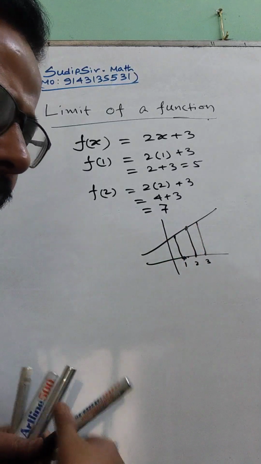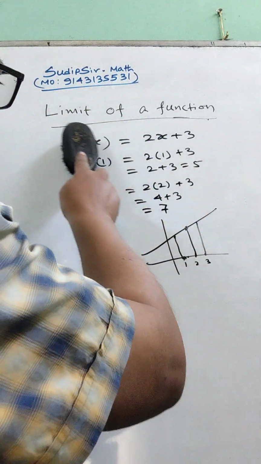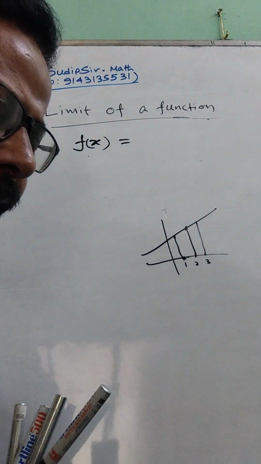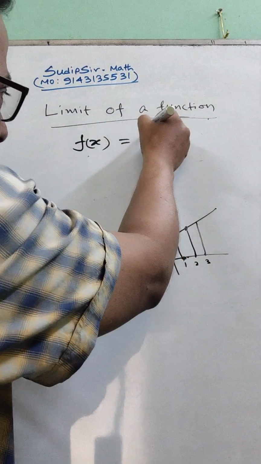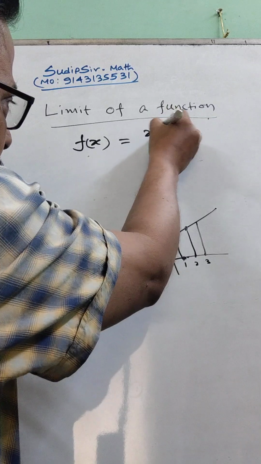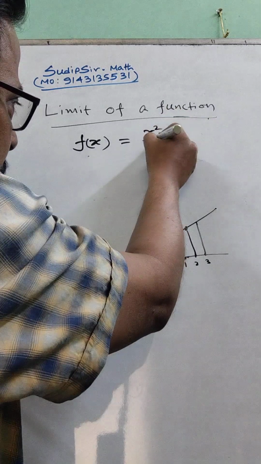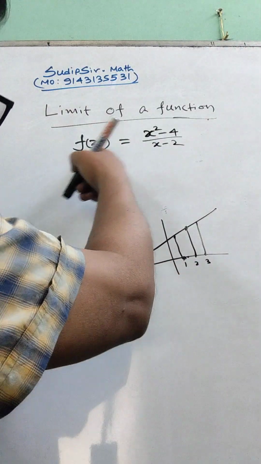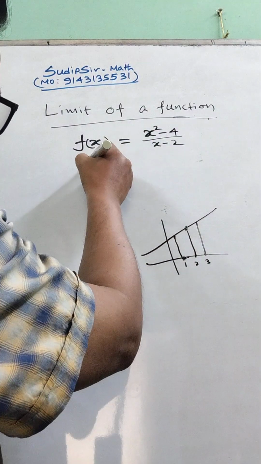Now, another equation, say f(x) equal to (x square minus 4) by (x minus 2). You will get all the values except x equal to 2.